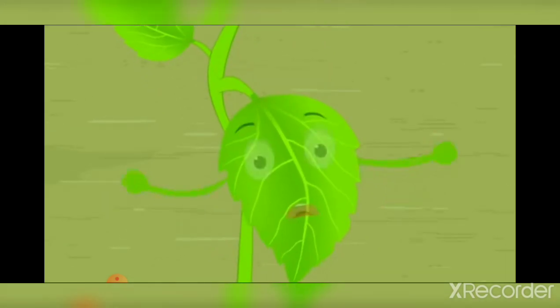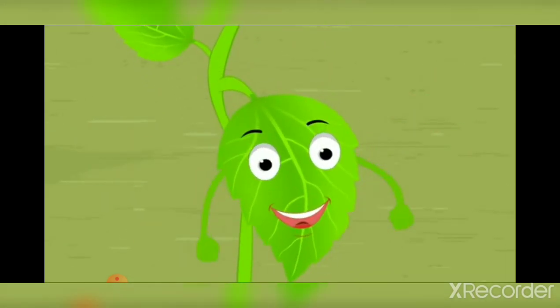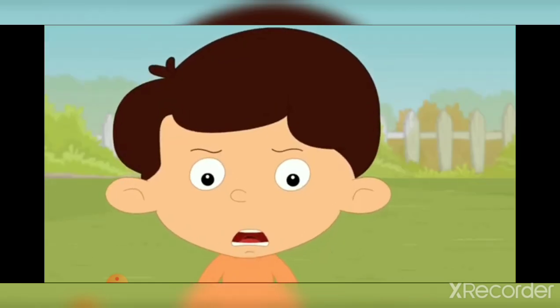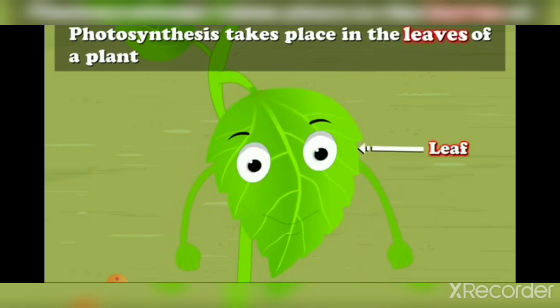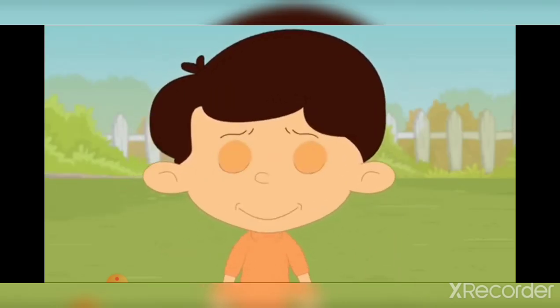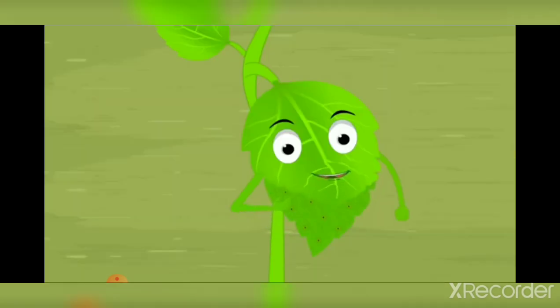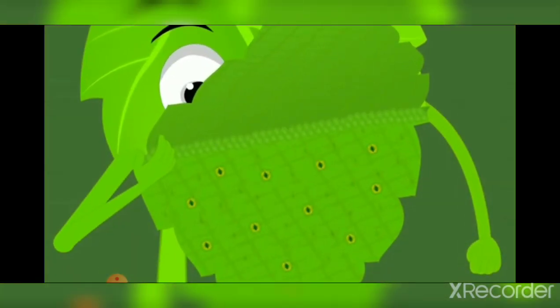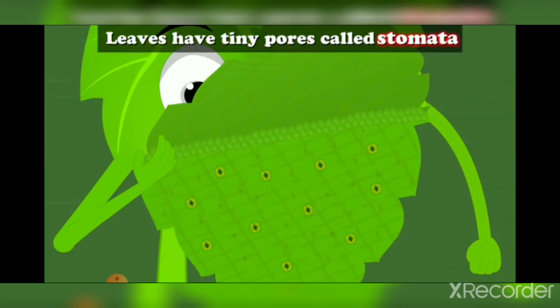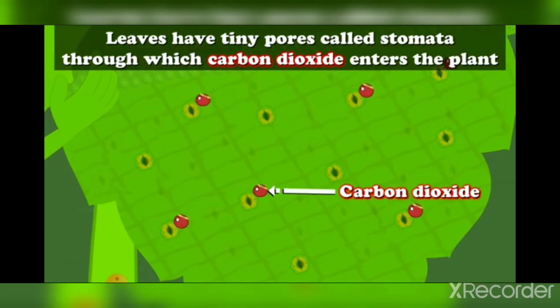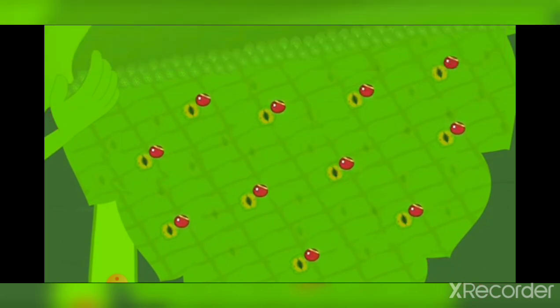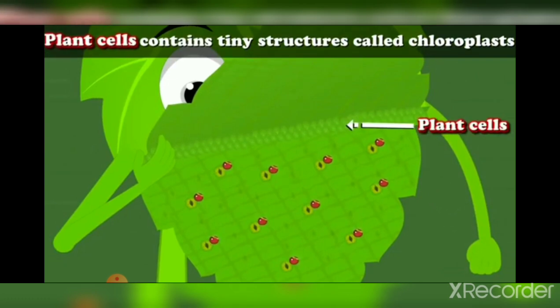So here is the leaf. Now let's see what the leaf is doing. These pores are on the leaf, from which the plant breathes. Like we all breathe through our nose, the plant breathes through those pores.